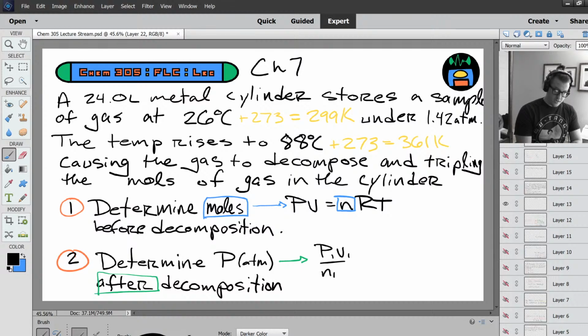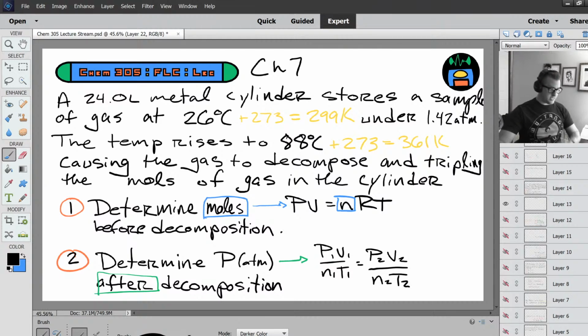P1 V1 over n1 T1 equals P2 V2 over n2 T2. So this kind of two-step process is how you solve this problem. We're going to use the ideal gas law first, the combined gas law second.